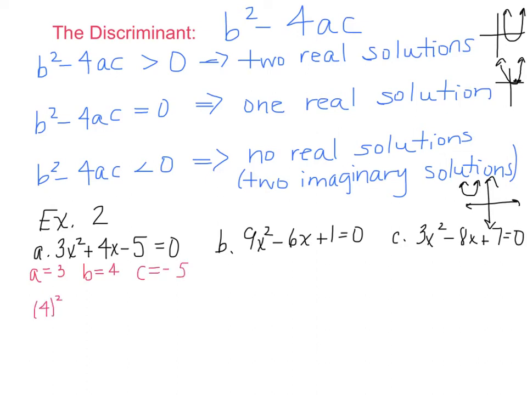So b squared minus 4ac, we're going to get 16 plus 60, which equals 76. So that means, since it's a positive, we're going to have 2 real solutions.